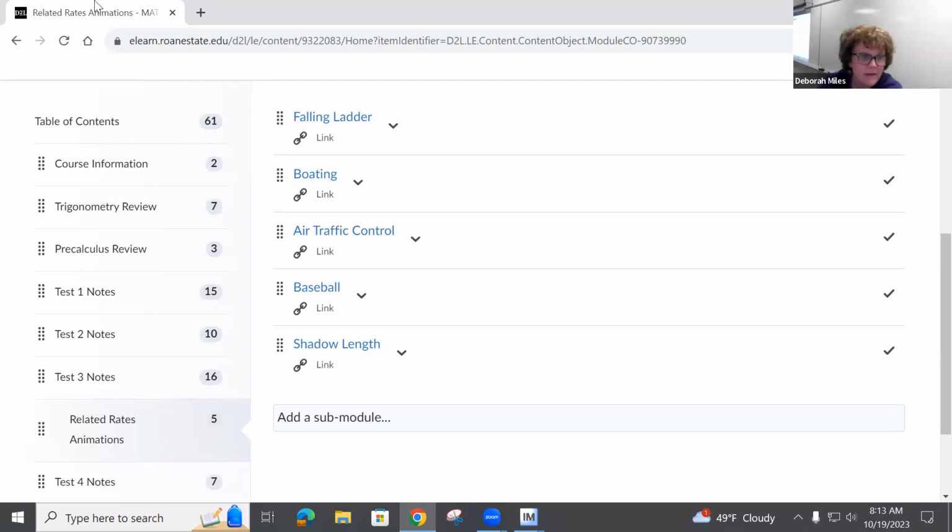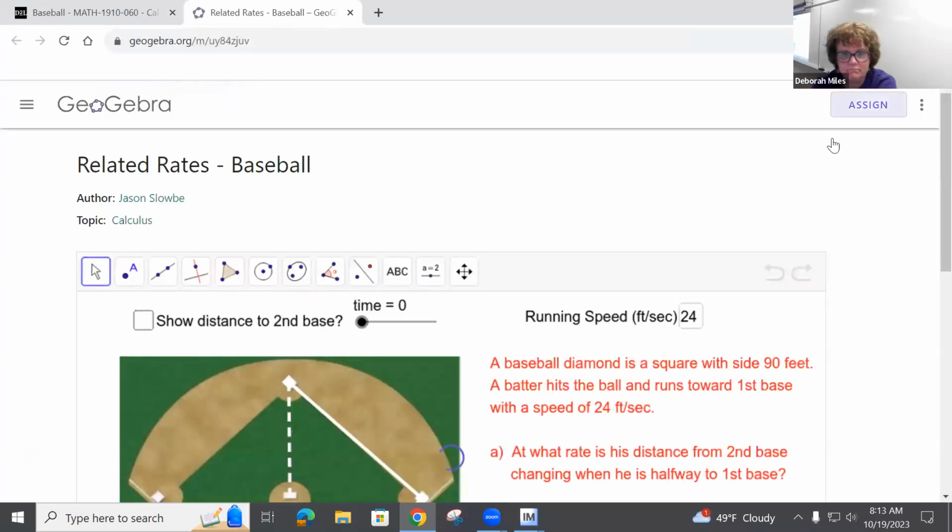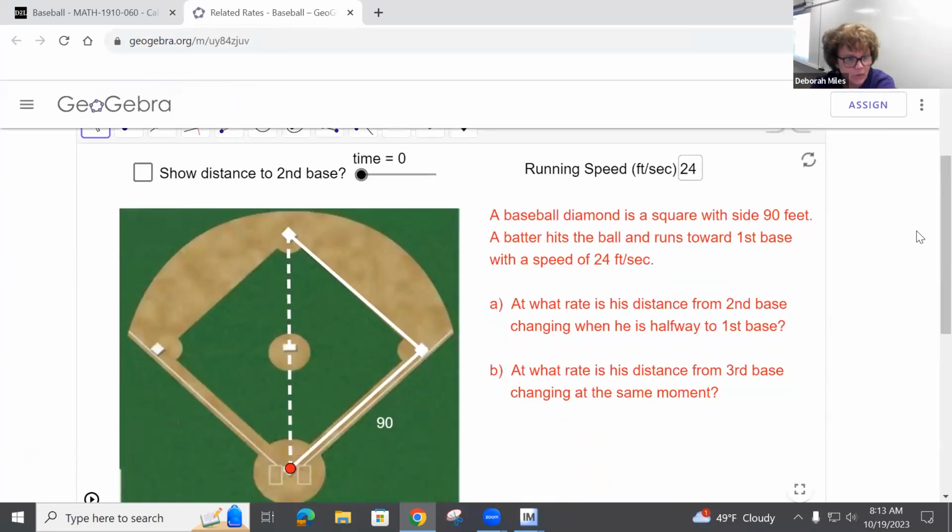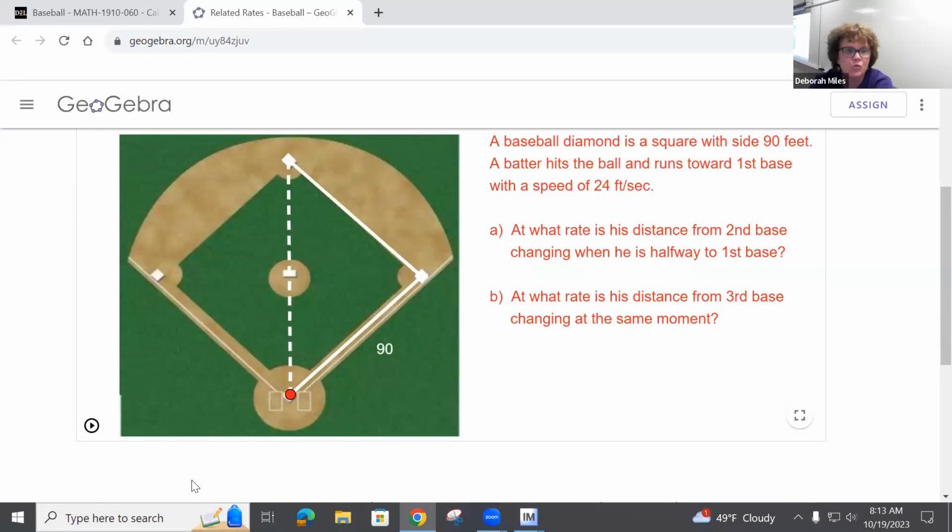All right, here's my animation. Now in this one, we have dude or dudette running from home plate to first base. I can't drag that, I need to just hit play.